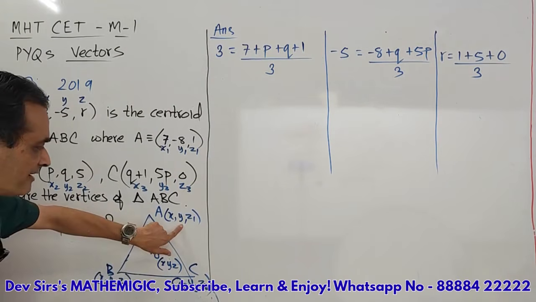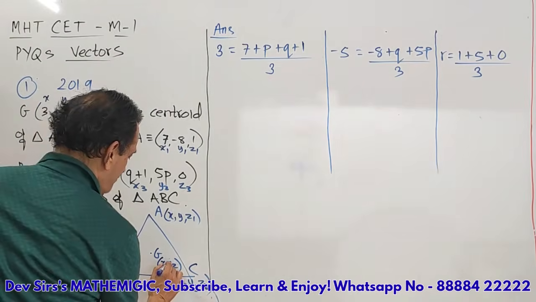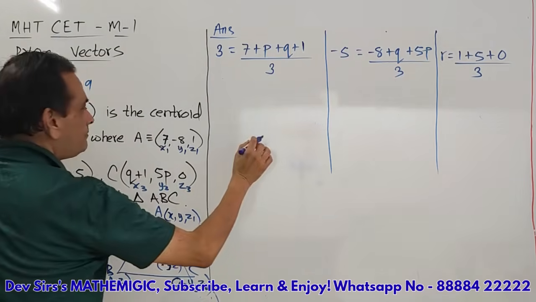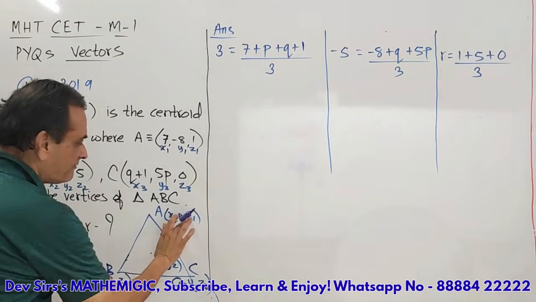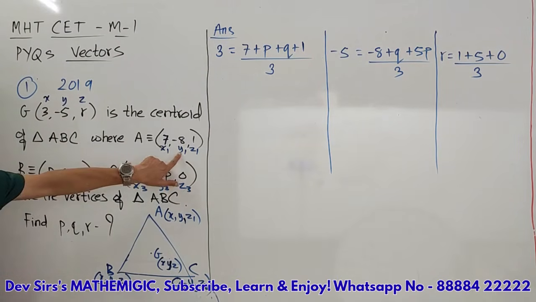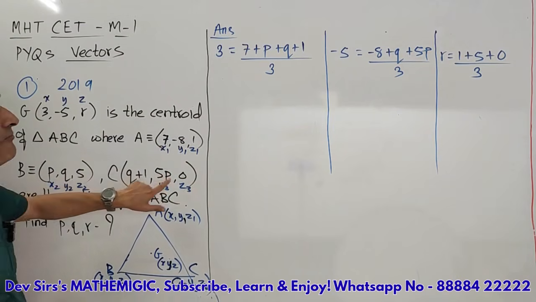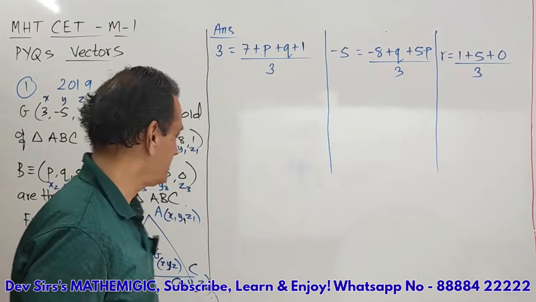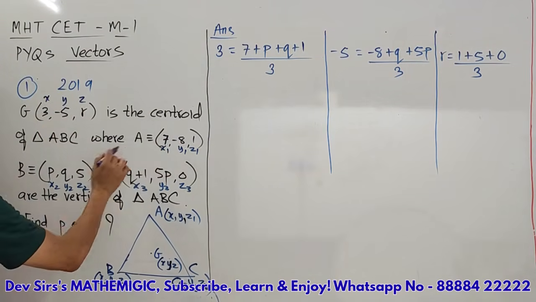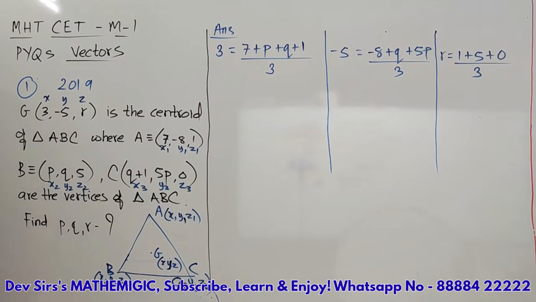Y is equal to Y1 plus Y2 plus Y3 upon 3. This Y is minus 5, and this is Y1, so minus 5 is equal to minus 8 plus Q plus 5P upon 3. See again, minus 5 is equal to minus 8 plus Q plus 5P upon 3.